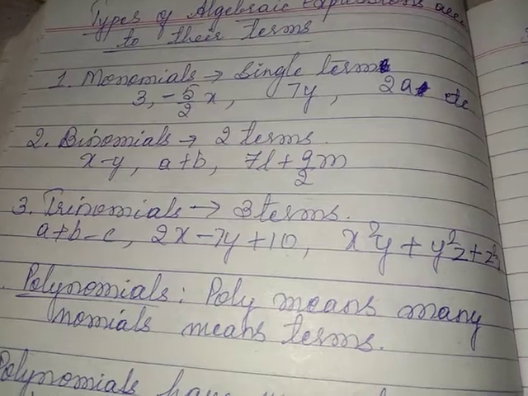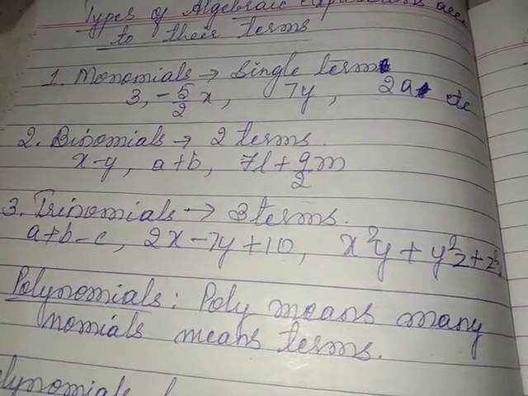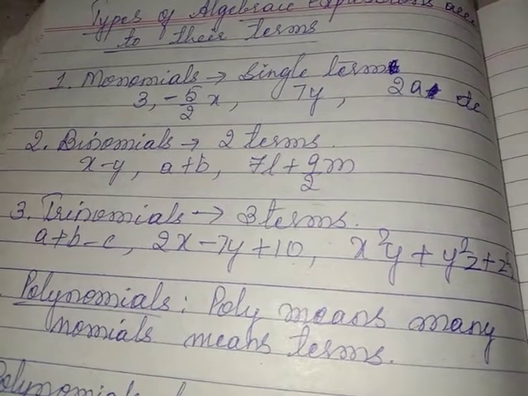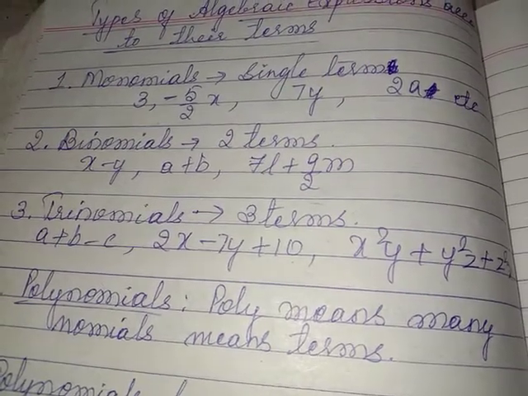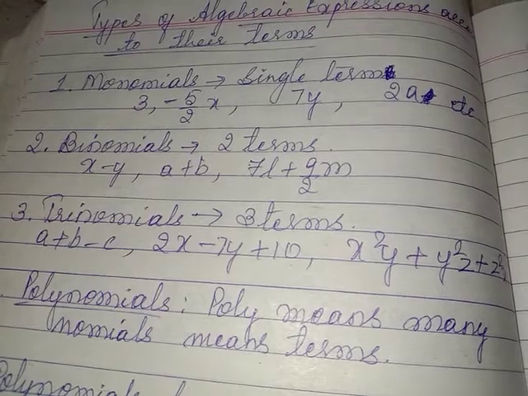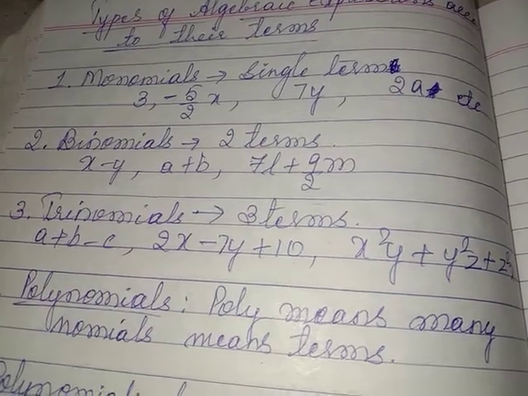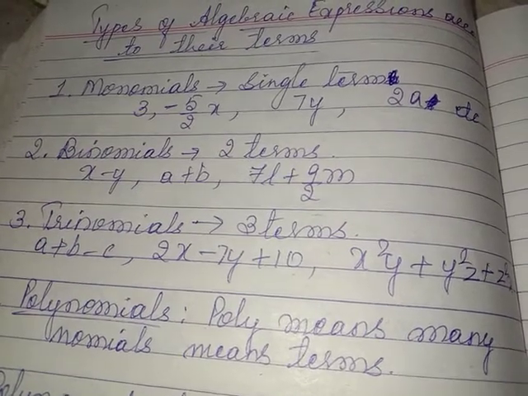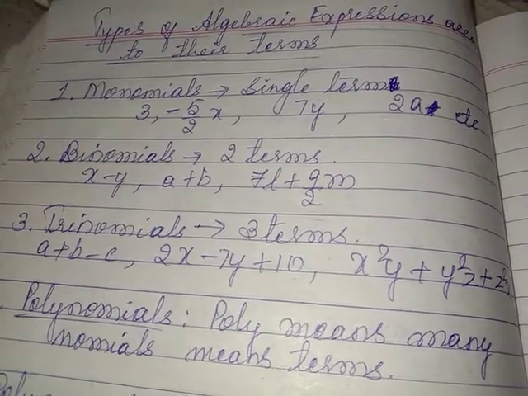Okay children, how many terms does it have? It has three terms. Which are the three terms in the first example? a, b and minus c. Wherever minus comes, that also you have to count. a, b and minus c are the three terms.